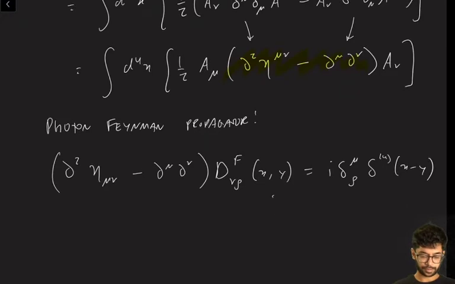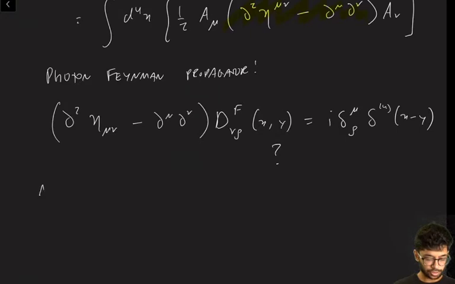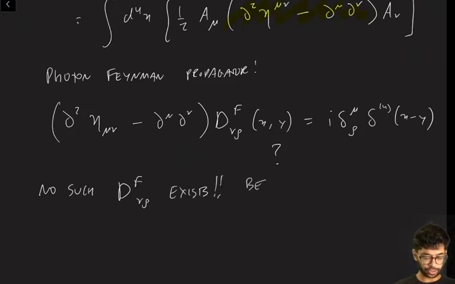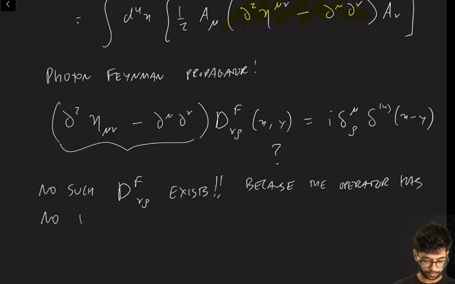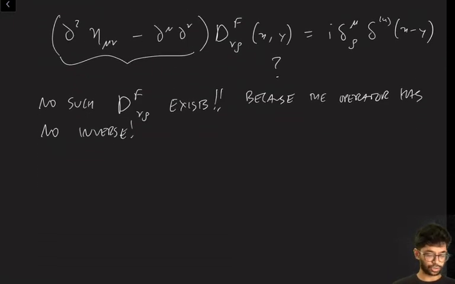Okay? Now you might think we can just go ahead and solve it, but actually it's not so simple. In fact, no such D mu nu exists. And this is because the differential operator, in other words, this operator here, has no inverse. How do we see that it has no inverse? A simple way to see this is to go to momentum space.